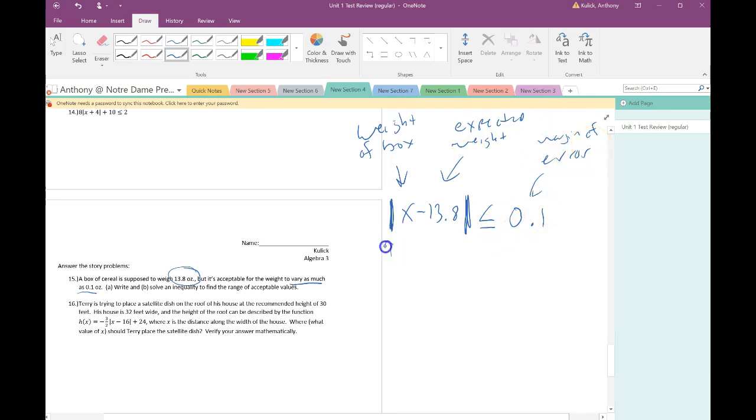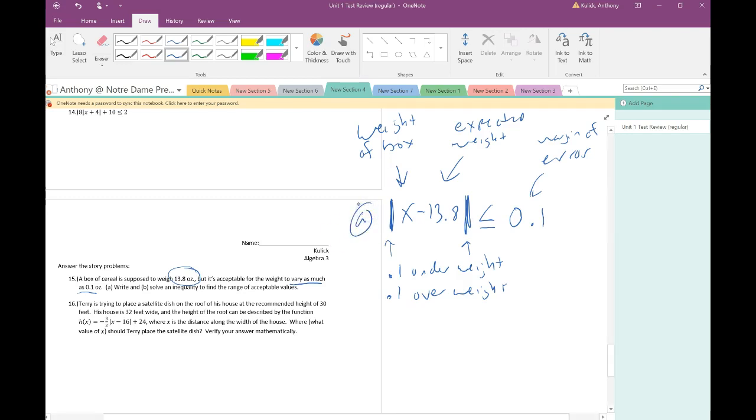We're going to use absolute value here because whether we are 0.1 underweight or 0.1 overweight doesn't matter, right? We're still within that 0.1 margin of error. So that's why I use the absolute value there. Is everybody okay with that idea? So this is my answer to part A.